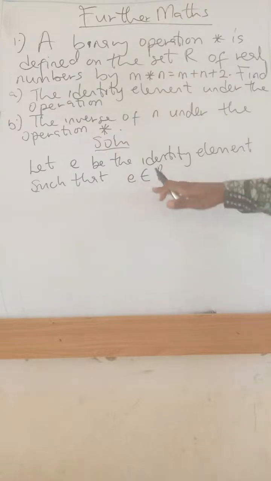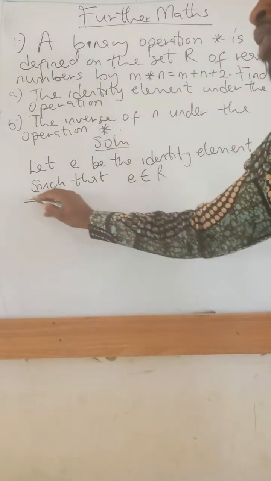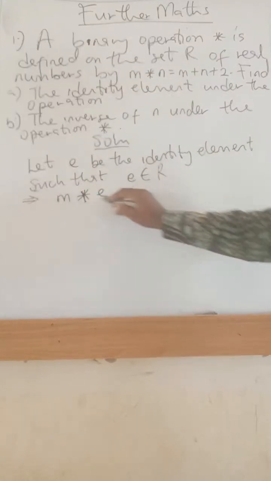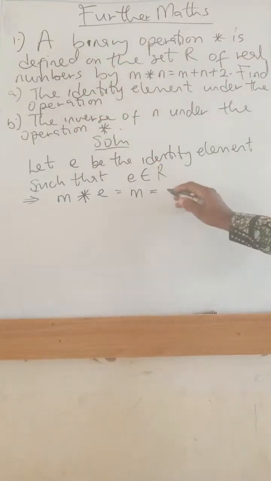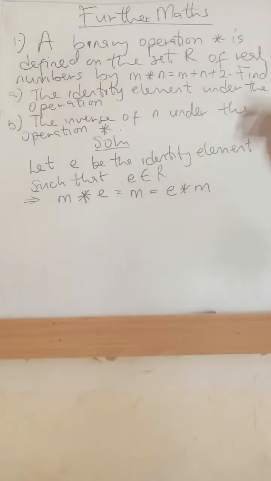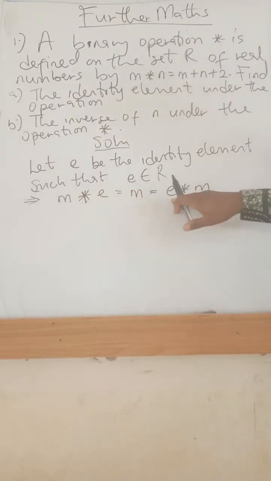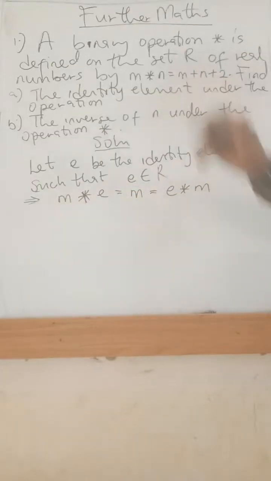That means E, the identity element, is also a real number, because if the identity element is not a real number, then this doesn't exist. It has to be a real number. If we have such an identity element, then under the operation m star E should give us m. And it should be commutative such that the placement doesn't matter. So m star E should give you m, and E star m should still give you m. You can take it from anywhere to find the identity element.